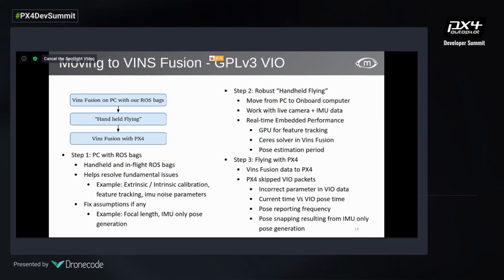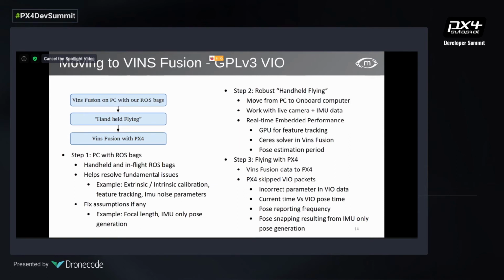To begin with, we tried VINS-Fusion on a regular desktop PC, but using our own ROS bags. Our ROS bags were collected on the system on which we eventually wanted to run VINS-Fusion live with PX4, and they were both handheld as well as in-flight.